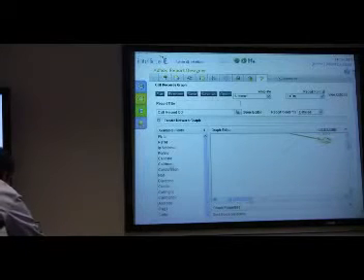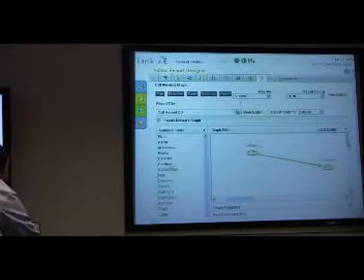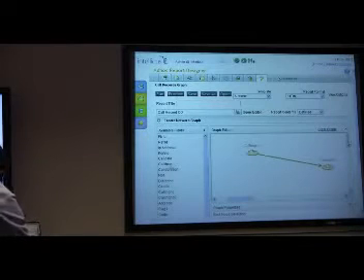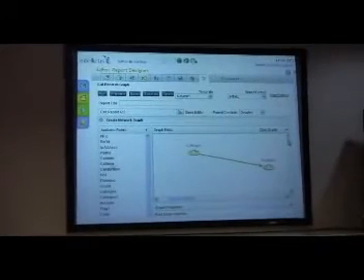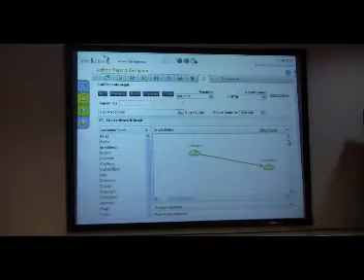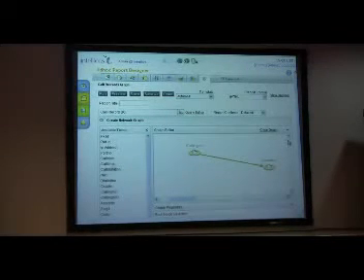Apologies for this resolution, but I think the incompatibility of the projector and the resolution of the laptop is causing this. So we have this table representation, the virtual data representation of the table that is there on the Hive server, which is basically a CSV file. Okay, and we have created a linkage between the calling number and the dial number, right? And that is what is being shown in the form of a network chart.